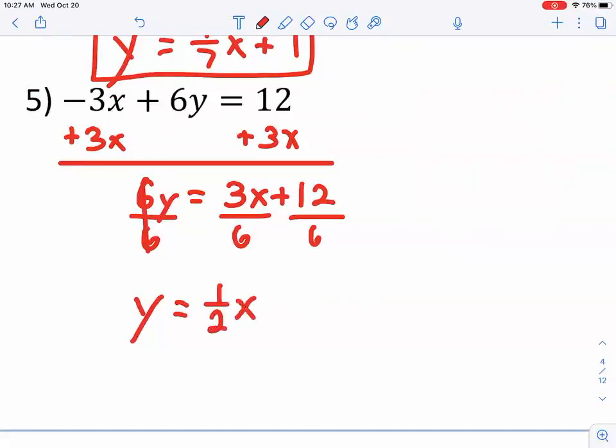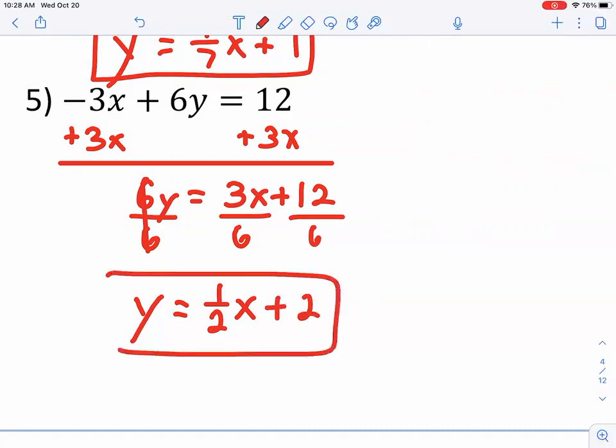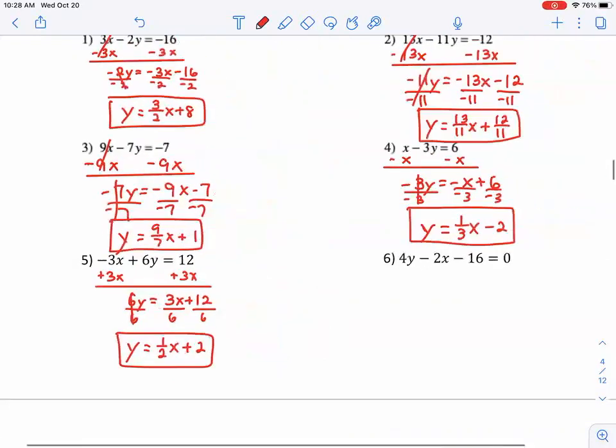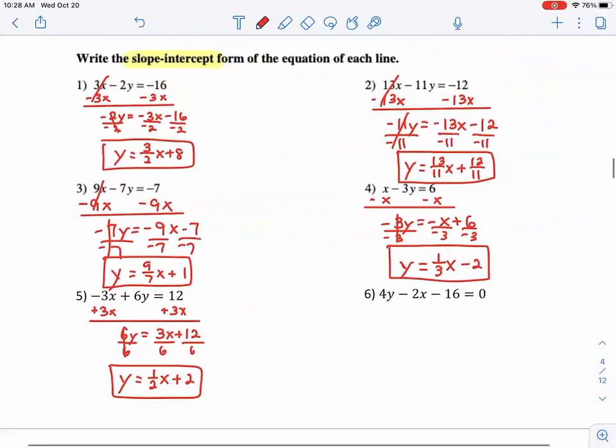So y is equal to 1/2 x because 3 over 6 is 1/2, plus 2 because 12 over 6 is 2. All right, would you guys try the last one? We'll go over that in about a minute. Try the last one.